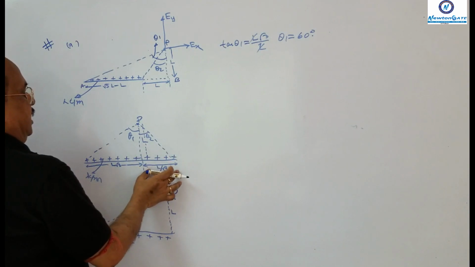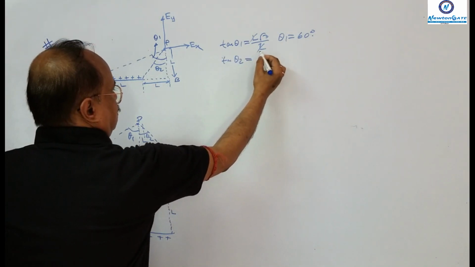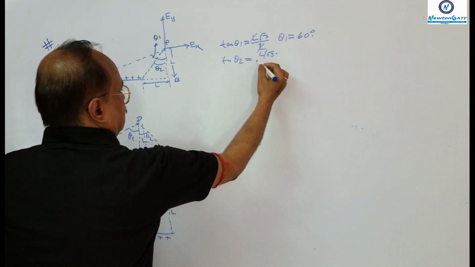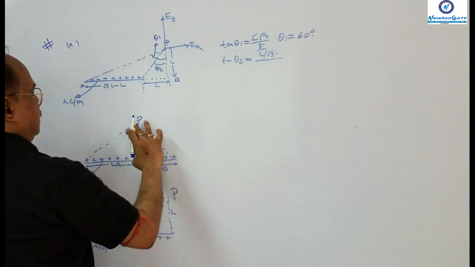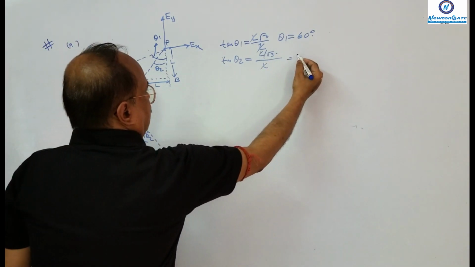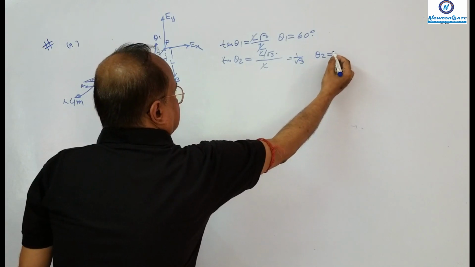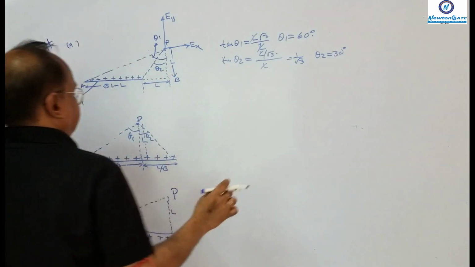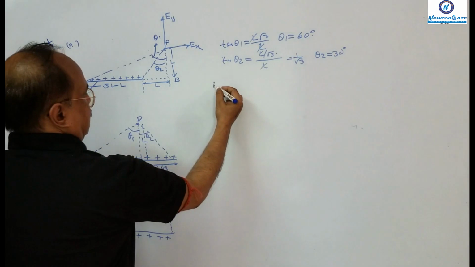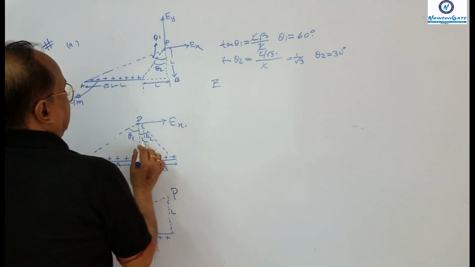Fine. Next, here L by root 3, that is tan theta 2 will be equal to L divided by root 3 divided by L. L gets cancelled, it will be 1 by root 3, and theta 2 will be 30 degrees.